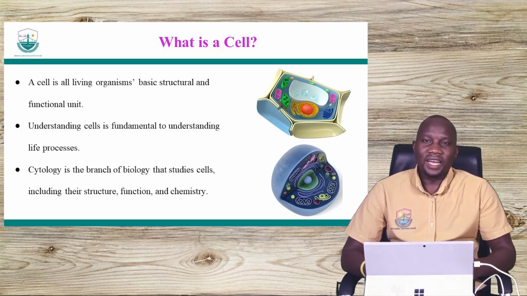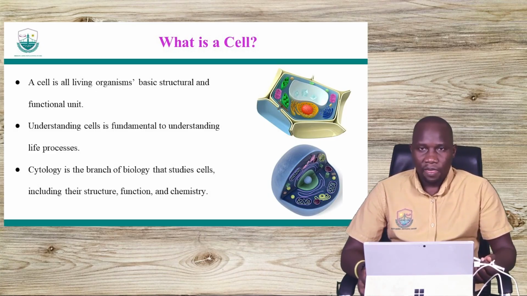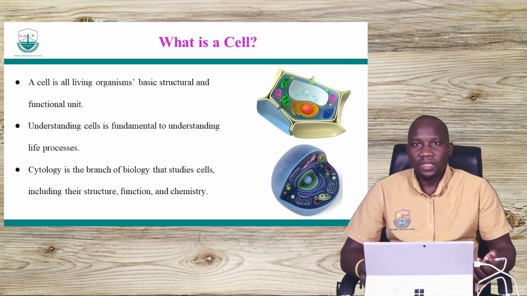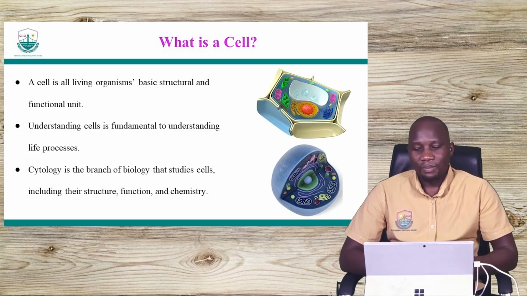That means that they can carry out all the processes that all living organisms do carry out, even when you only have one cell. If you have many cells in an organism, then that's when you have multicellular organisms.